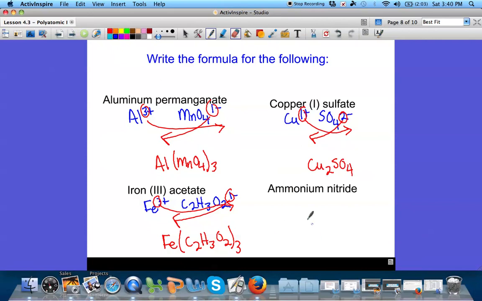And then our last example, ammonium nitride, NH4 1+, and nitrogen is a 3-. We're going to crisscross.